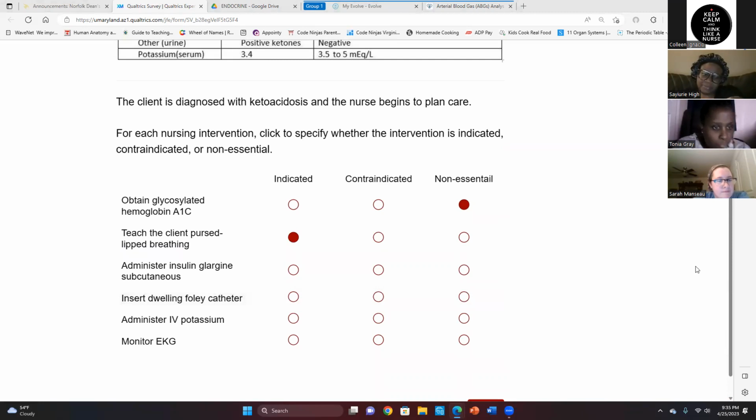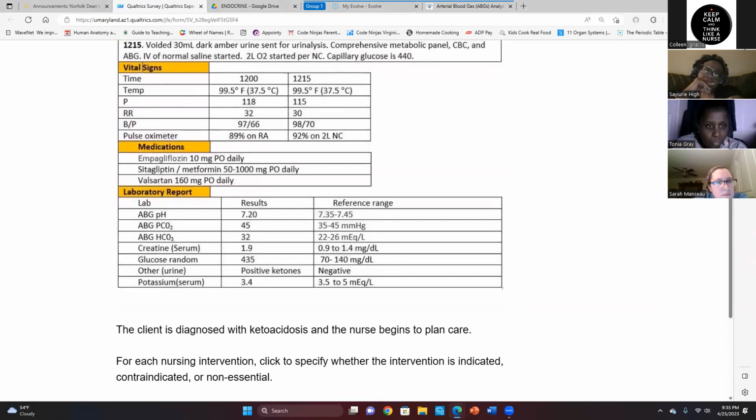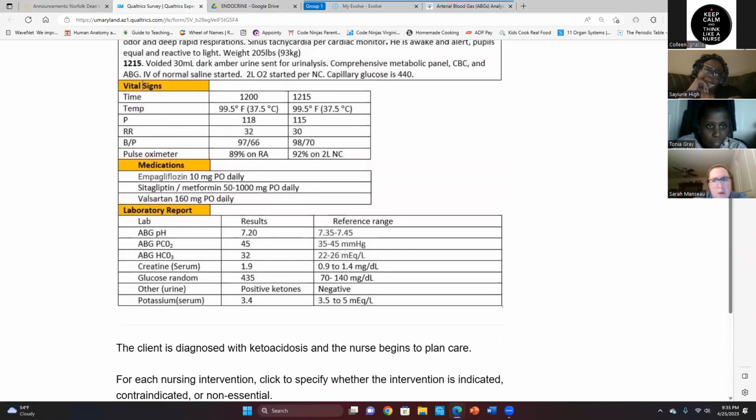Okay, very good. Administer insulin glargine, subcutaneous. I would say he'd be on a drip. Did it say he was on one? Okay, so let me ask you this. A patient that has DKA, how do we treat it? Are we giving them sub-Q medications or are we giving IV insulin?